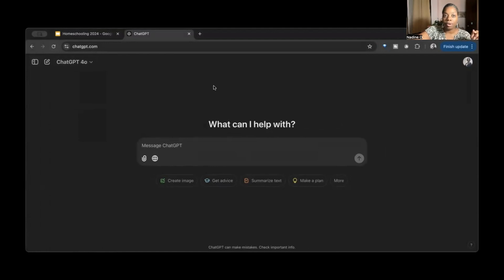All right, so we're now here on ChatGPT, and we're going to just put in a question: what is developmentally appropriate learning standards for an 18-month-old?